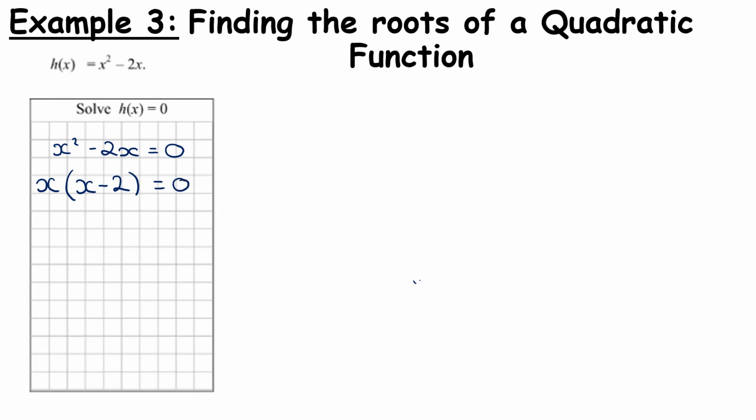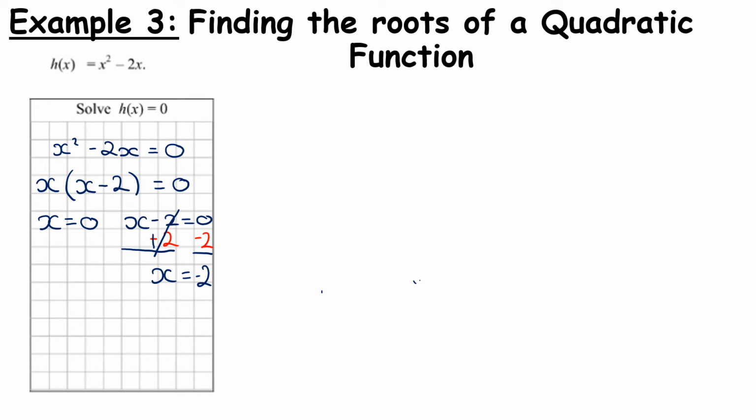How easy was that? Zero product property, x could be 0, or x plus 2 could be 0. If x plus 2 could be 0, we're going to figure out with another step by taking away 2 from both sides that x is actually minus 2. Oh, I've made a bit of a mistake here. Apologies. So this actually should be x minus 2 equals 0.